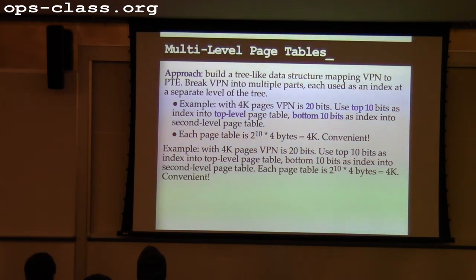But let's talk about real systems and the types of data structures they use. These aren't super complicated either. The approach used on a lot of systems is what are called multi-level page tables, which try to balance the two approaches.